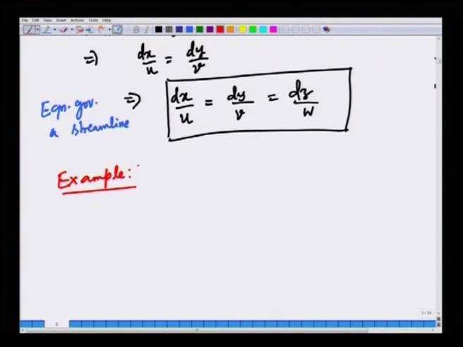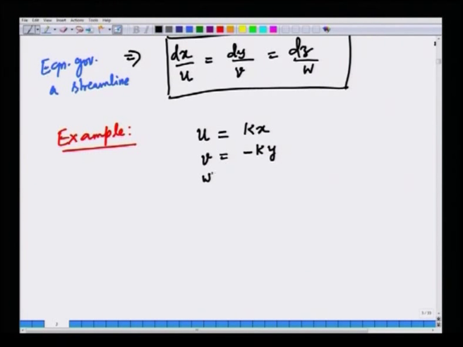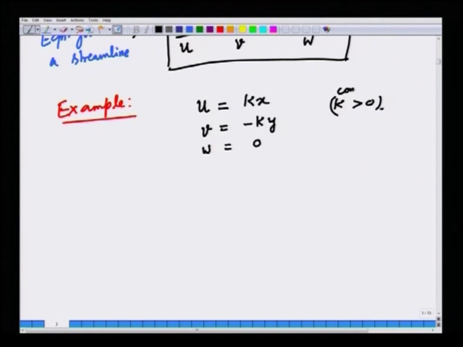Suppose I have the u velocity, the Eulerian velocity, to be k times x, the v velocity to be minus k times y, and the w velocity is 0. Suppose k is greater than 0, a positive constant.